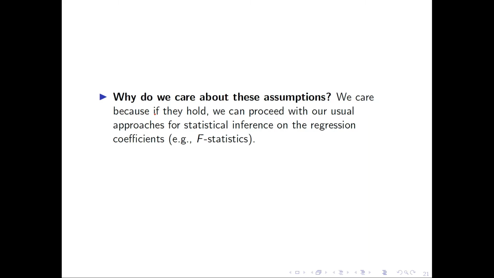Well, because if they hold, then we can actually perform our hypothesis test. So we can calculate the f-stat and the t-stat and say something about the coefficients with some sort of probability.